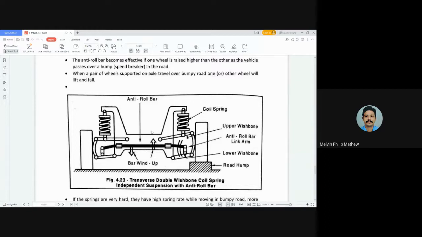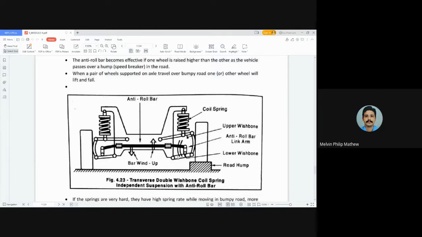In an anti-roll bar, due to this action there will be a twisting moment, a twisting action, occurring in this rod. This twisting action results in pulling the inner wheel downwards. So what is happening here?